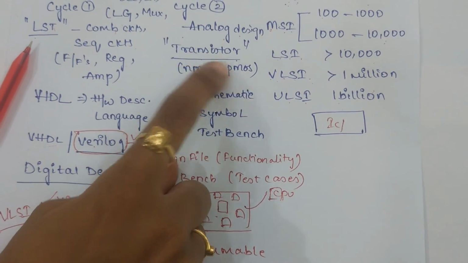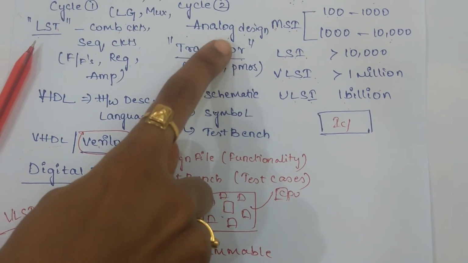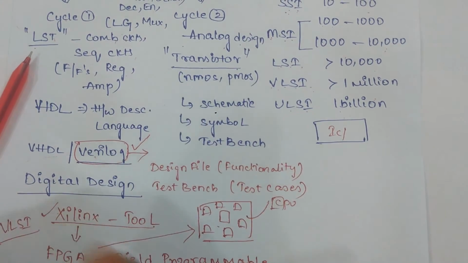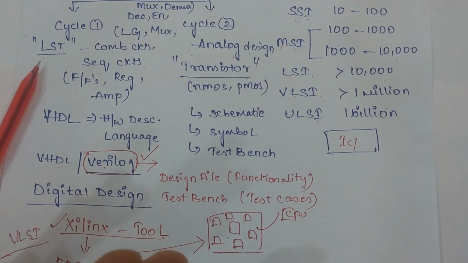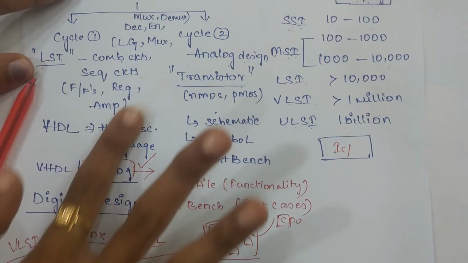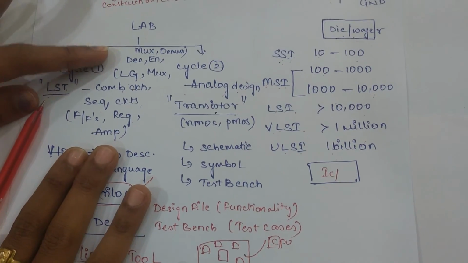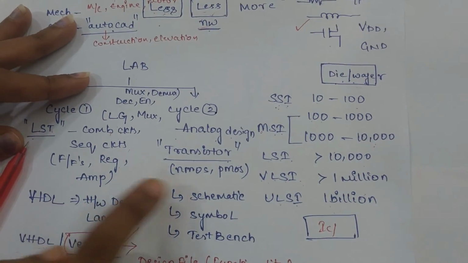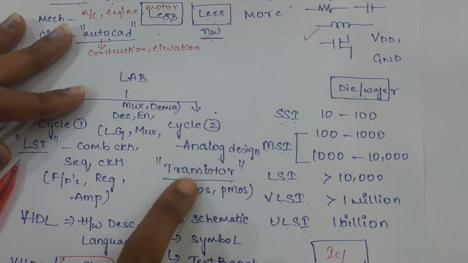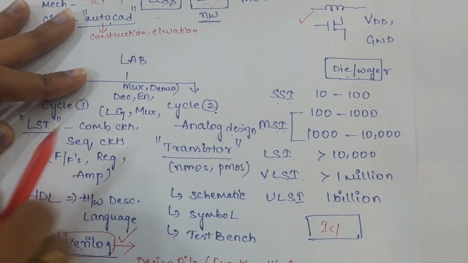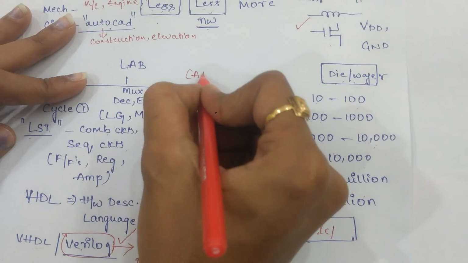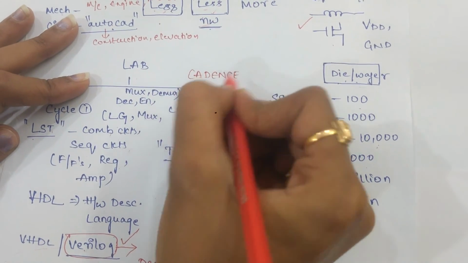With these transistors you will design circuits like an amplifier. Not only amplifiers; all the combinational and sequential circuits you can also draw with the help of transistors, and that tool is the Cadence Virtuoso tool.